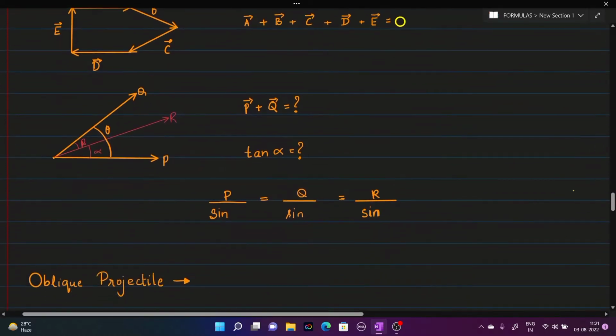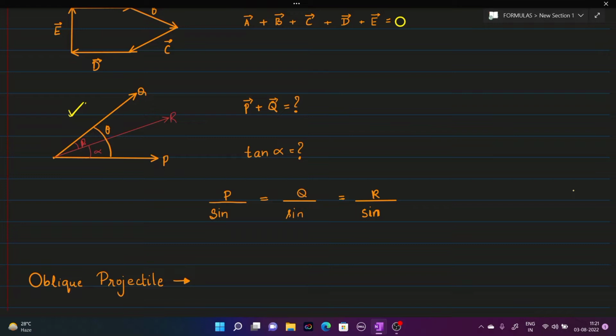After that comes an important property. Over here there are two vectors, p and q vector. The angle between them is theta. The resultant of this vector is making an angle alpha with vector p, and an angle beta with vector q. So we need to find the summation of these two vectors, or we can also say we can find the value of r vector.